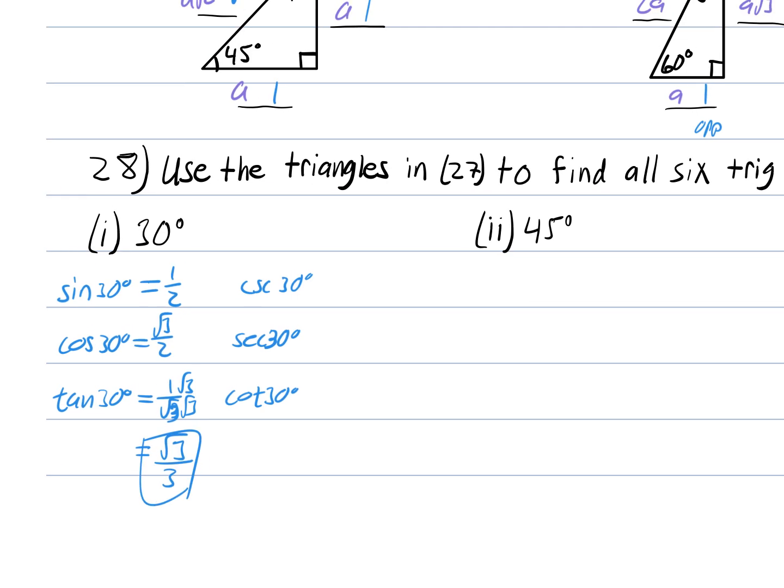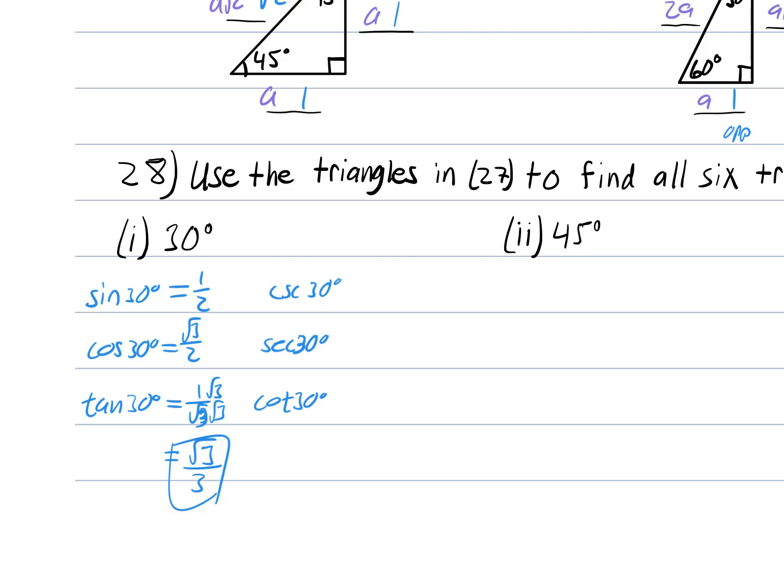All right? And then for secant, cosecant, and cotangent, take the reciprocal of what you got for sine, cosine, and tangent. So for cosecant, we get 2 over 1, which is 2. For secant, we get 2 over square root of 3, which you can rationalize, and that's going to be 2 square root of 3 over 3.